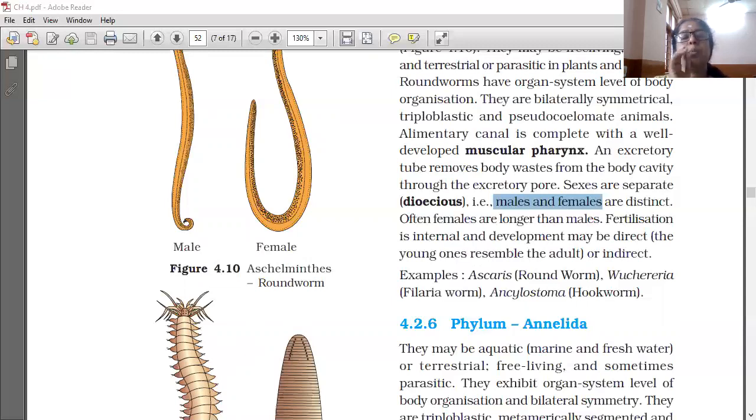Germ layers: it is diploblastic only, so two germinal layers are there, that is ectoderm and endoderm. Coelom: it is an acoelomate organism only, no coelom is present in phylum Ctenophora. So this is the diagram of Ctenophora. Anatomy: mouth.